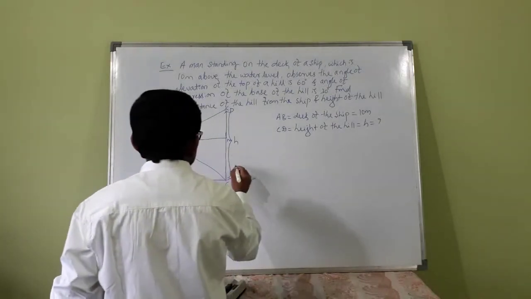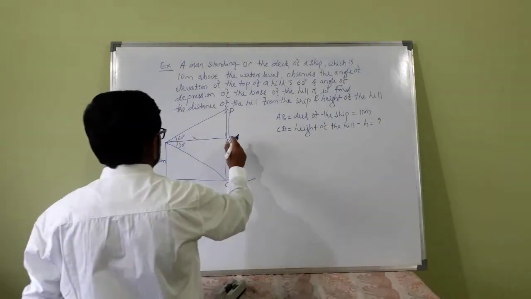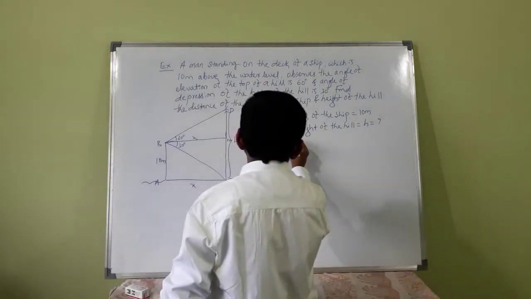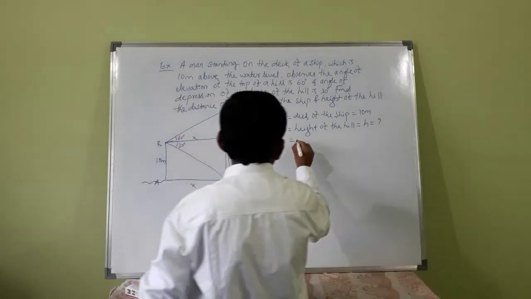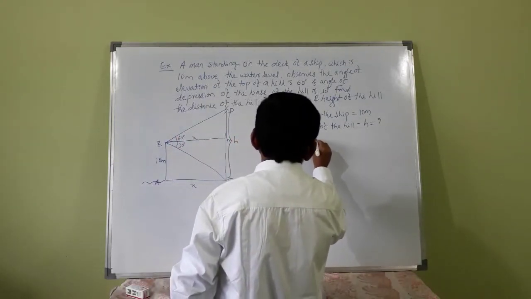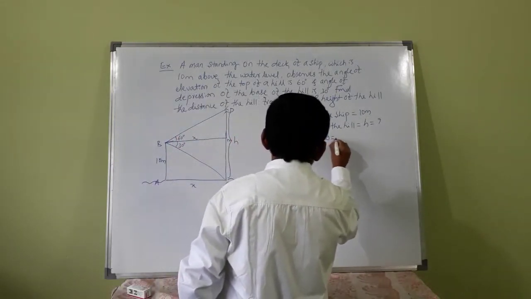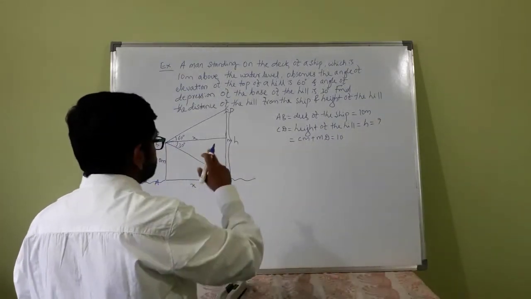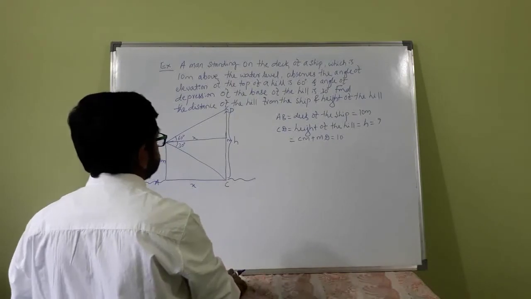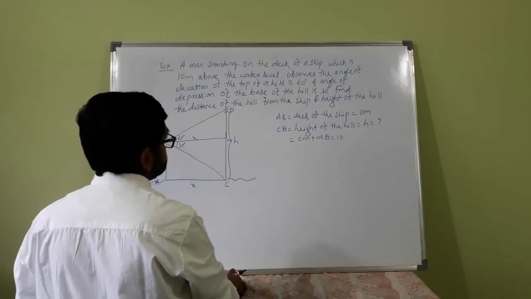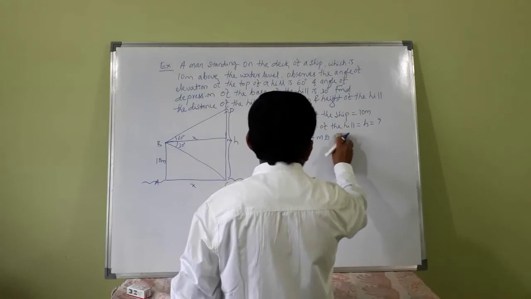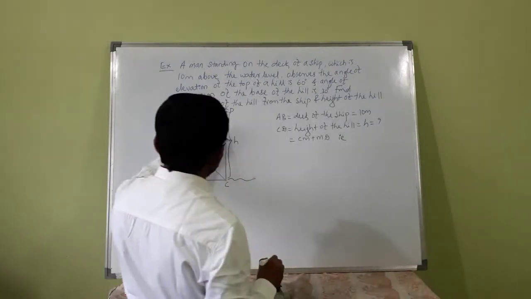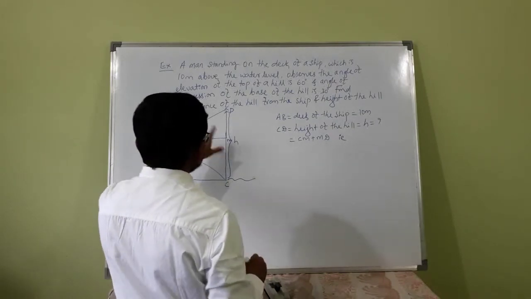See, as these are parallel, what is CD? CD is equal to CM plus MD. CM is 10, or suppose CD is H, then MD is H minus 10.